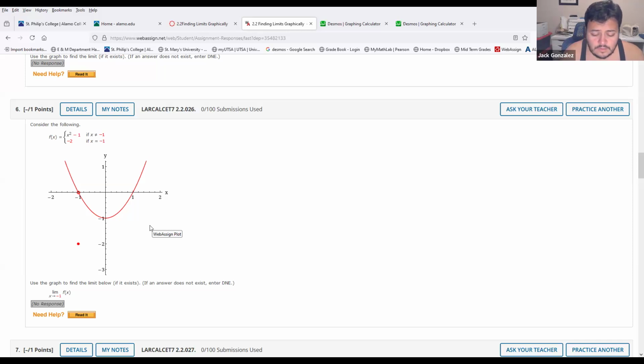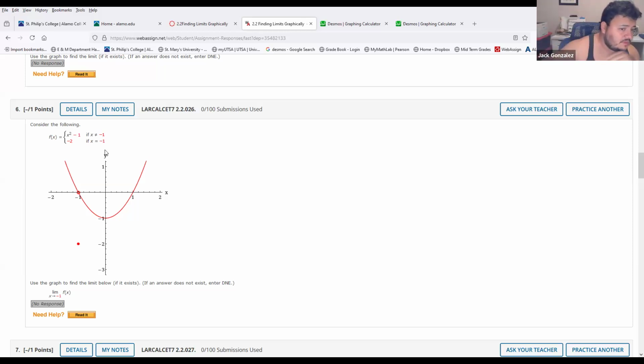Let's pick at this one right here. So notice how this, do you guys remember piecewise functions? It's basically you're just gluing two functions together, right?